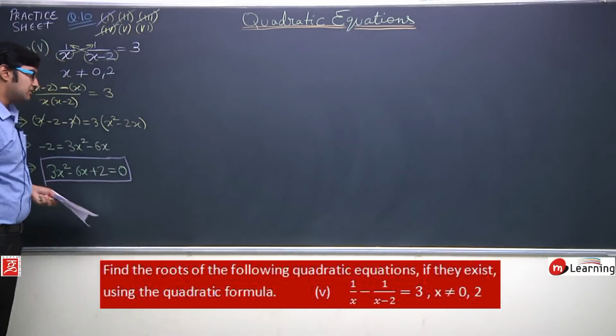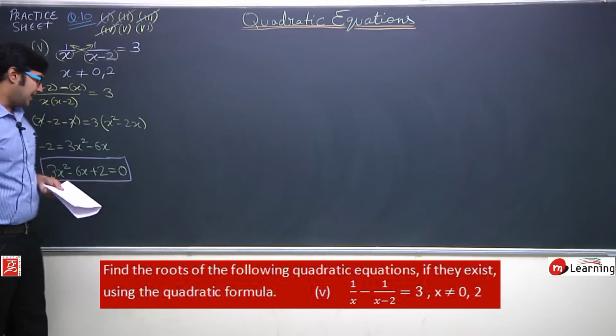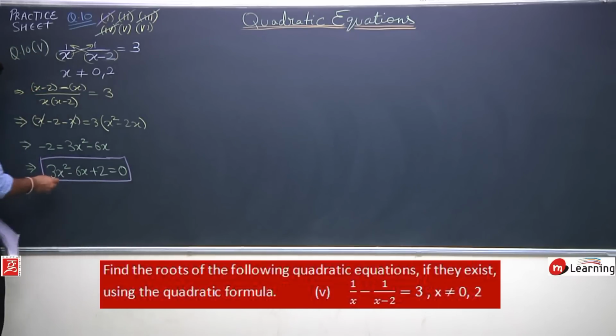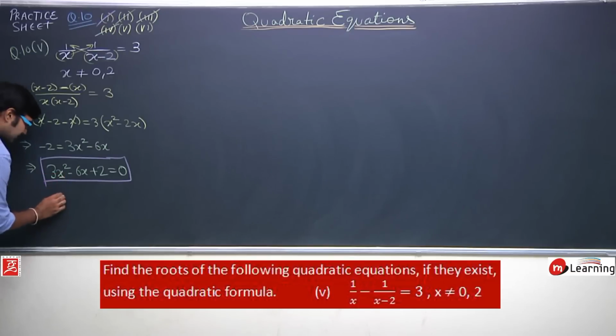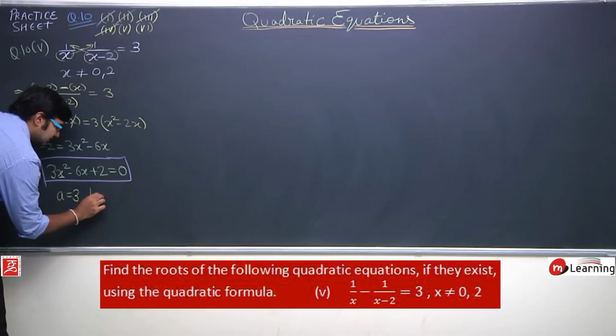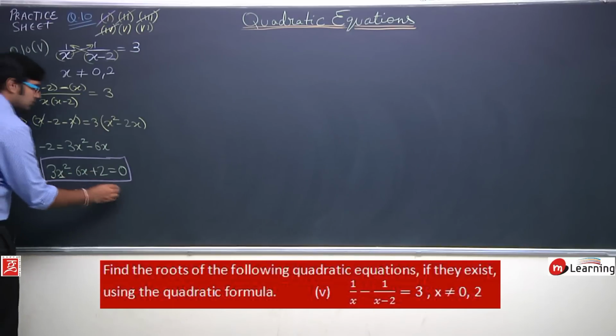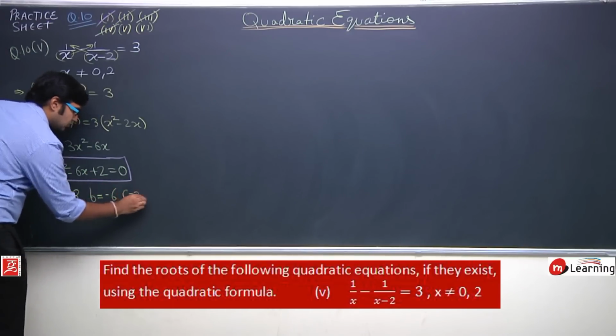Now in this quadratic equation I can determine the coefficients and the constant term. I can see that the coefficient of x square is a, which is equals to 3. Okay, similarly the coefficient of x is b which is equals to minus 6 and the constant term c is equals to 2.